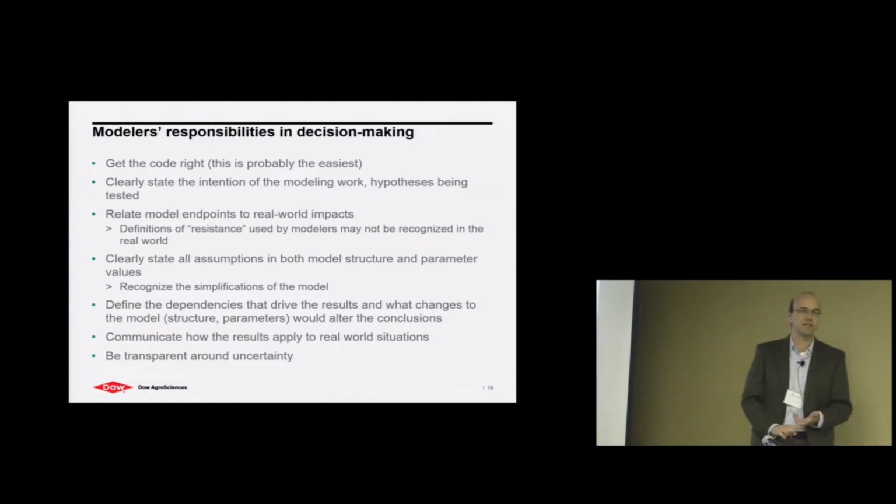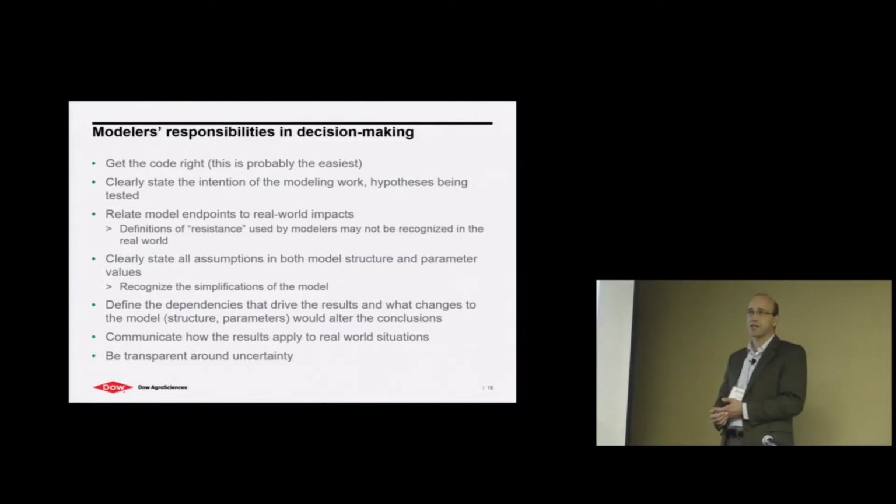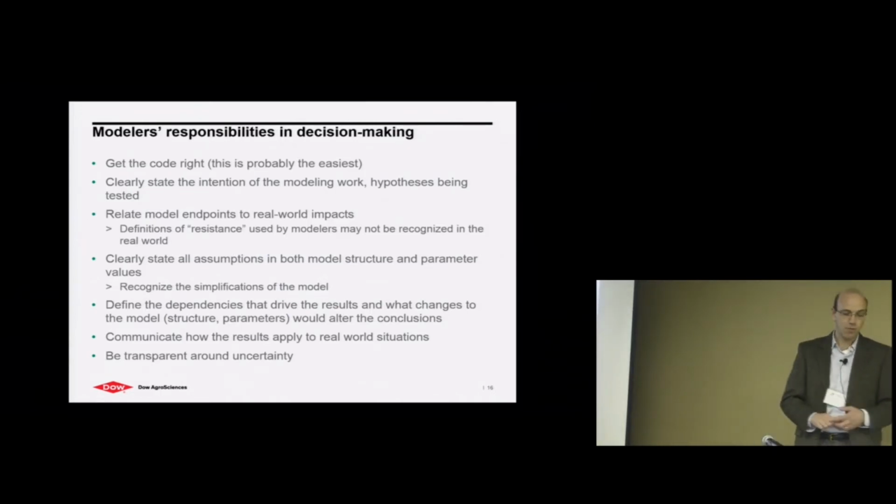Those are what drive these things. So we have to be very transparent with those. We have to recognize that these models are simplifications of the real world. We have to understand the dependencies within the model that would, if we change those dependencies, alter the conclusions. So the sensitivity analyses need to be more complex than what we're doing.